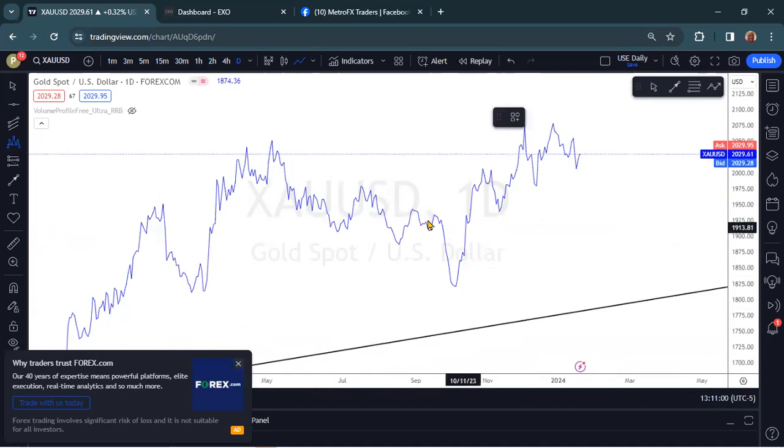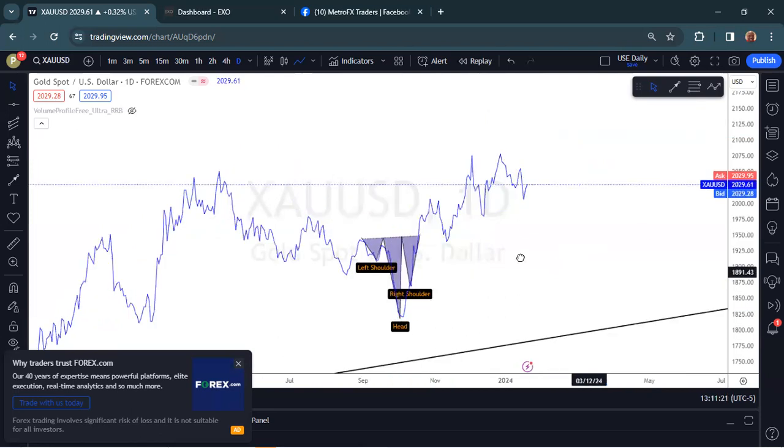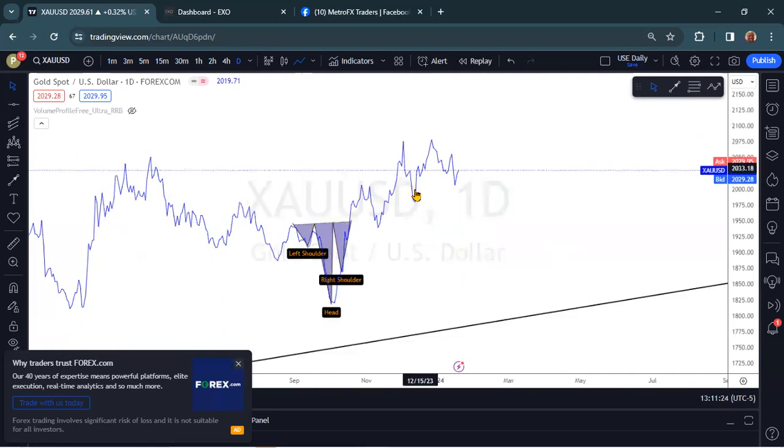We could put one here. Inverted head and shoulders. As long as we continue to see inverted head and shoulders, we're looking for buys, right? We're only looking for buys for inverted head and shoulders.